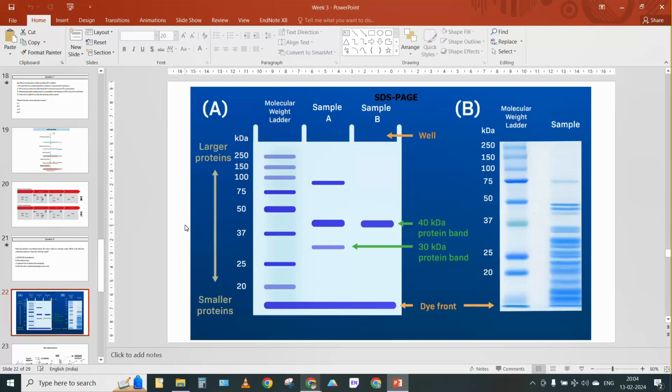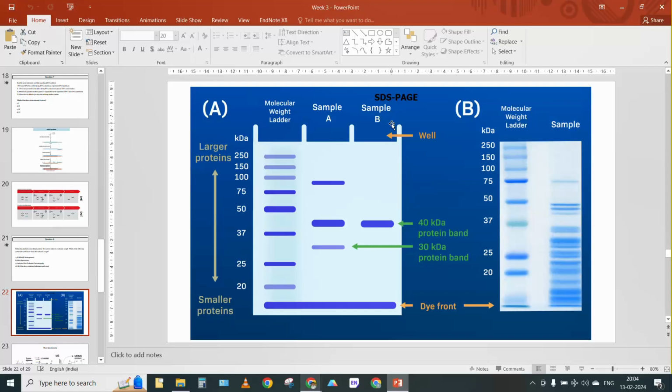It is a type of electrophoresis commonly used to separate proteins according to their molecular weights. Here, as you can see, this kDa is given. This is the molecular weight of any sample A, B, or any recombinant protein, whatever the sample is. Here, proteins are separated according to their molecular weights.